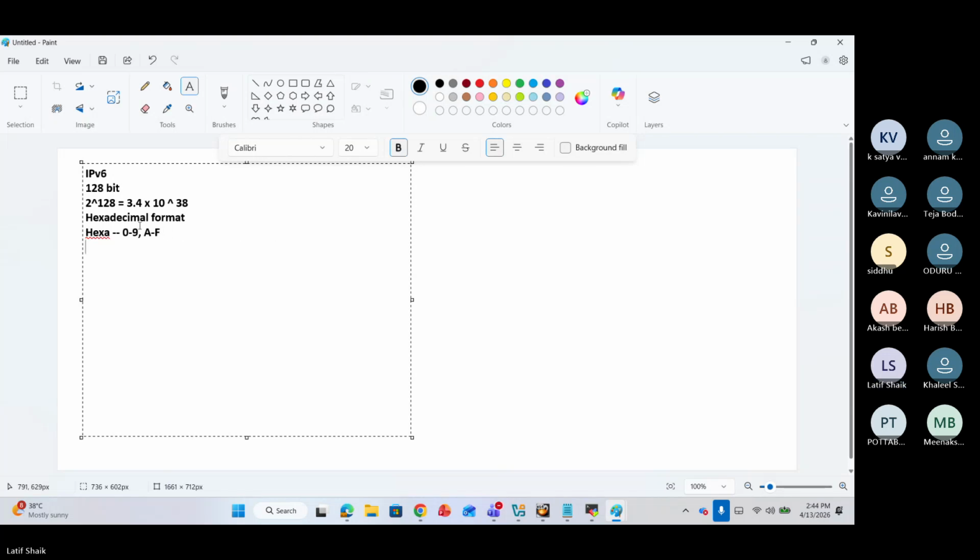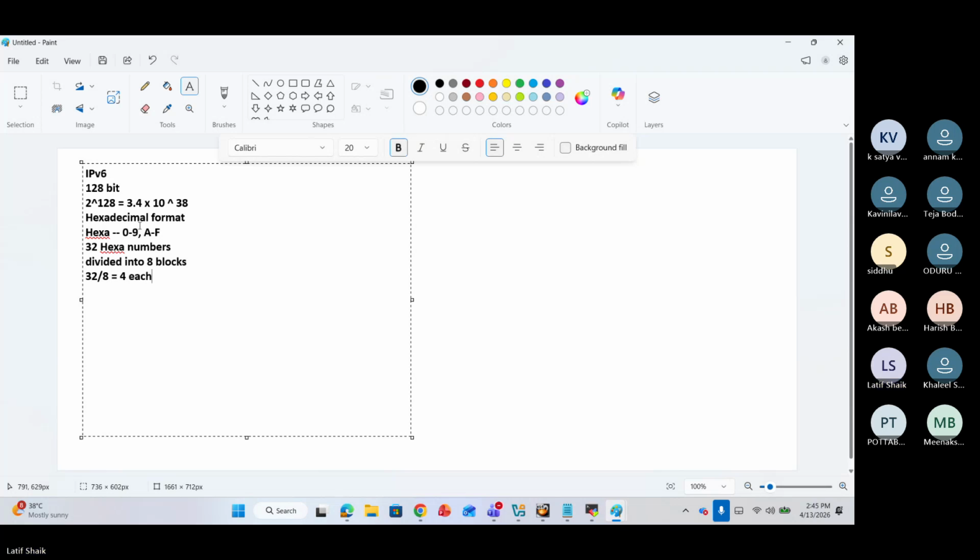Next. Totally 32 hexa numbers are there in one single IPv6 address. It is divided into 8 blocks. So 32 divided by 8 gives 4.